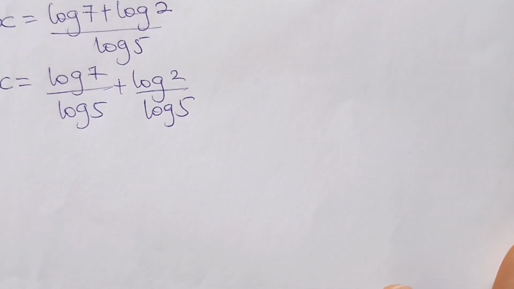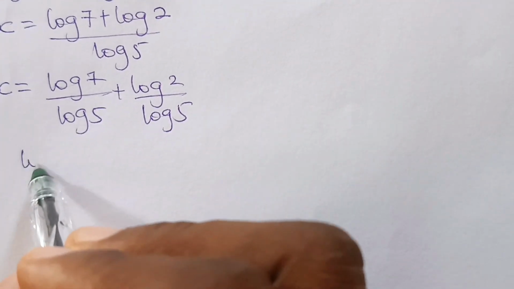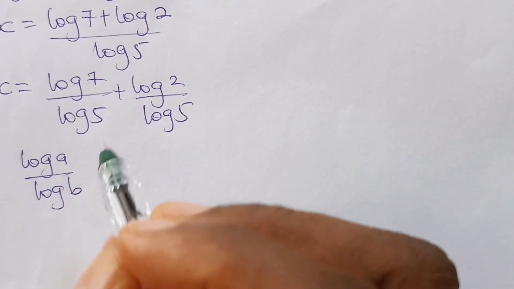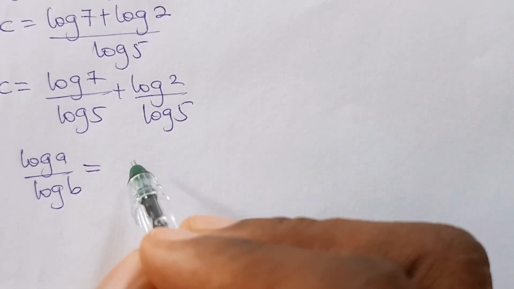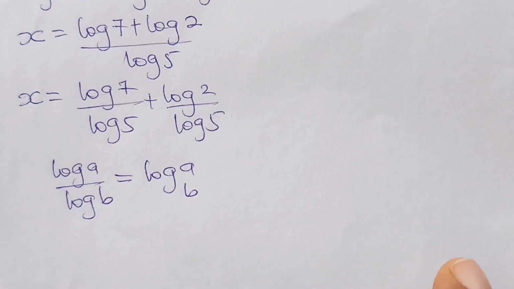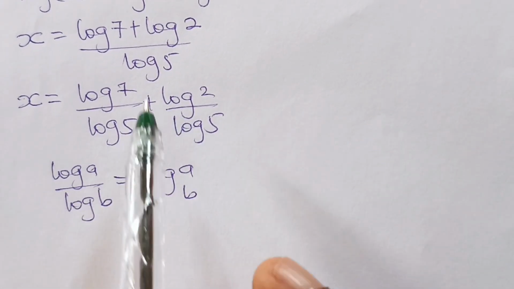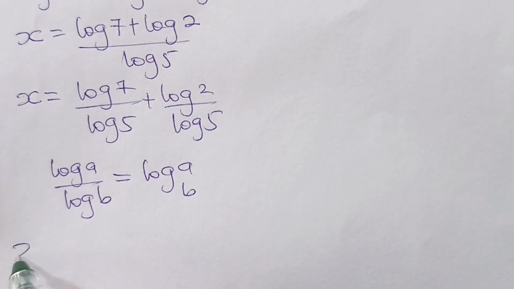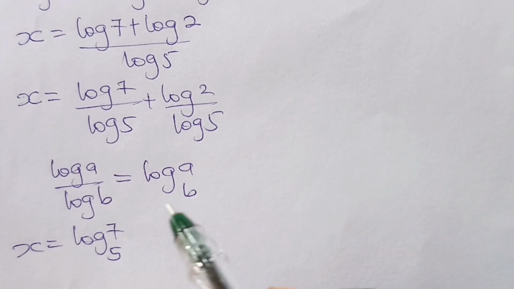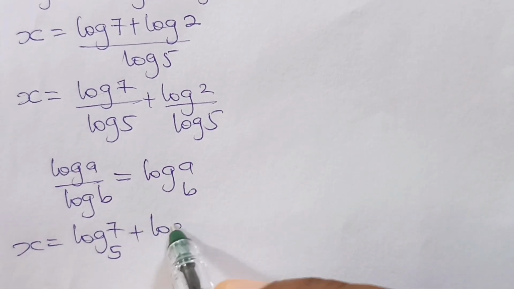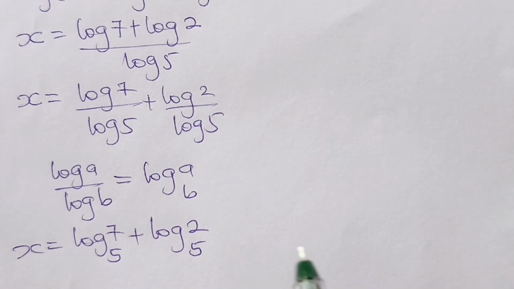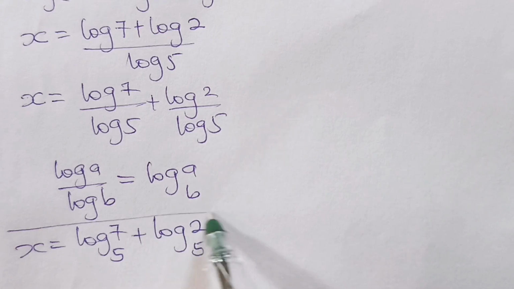Now when you have log a divided by log b, this is equal to log a base b. So we can rewrite this as x is equal to log 7 base 5 plus log 2 base 5. Now this is the value of our x.